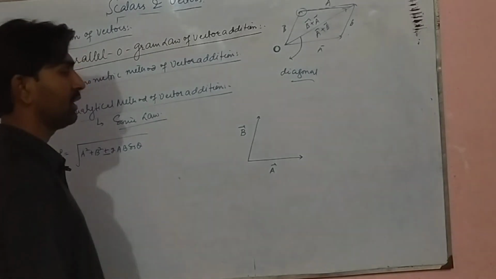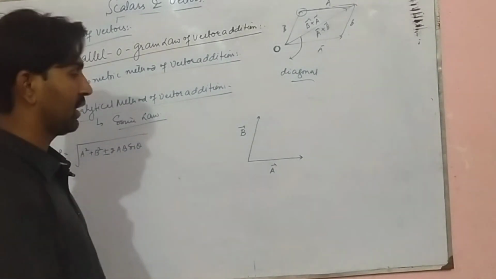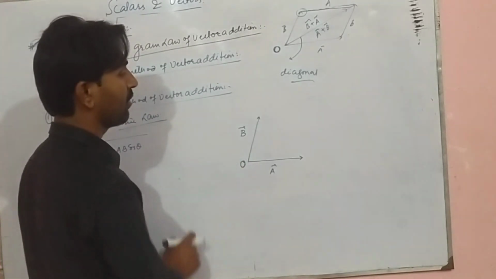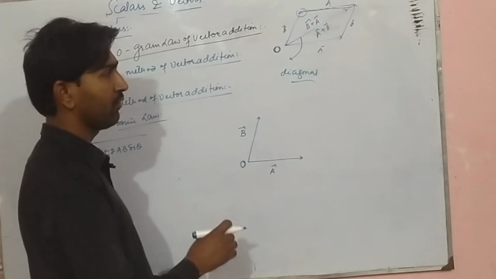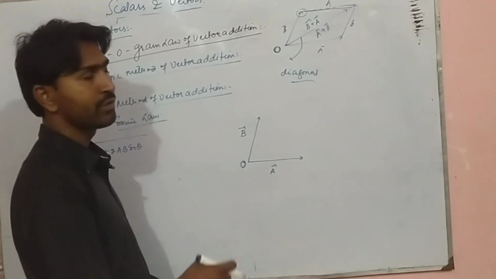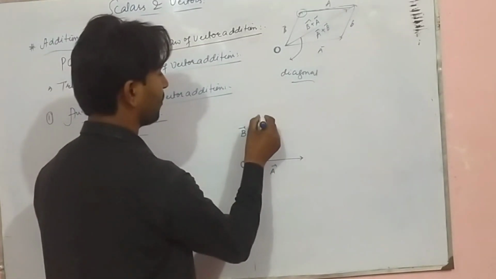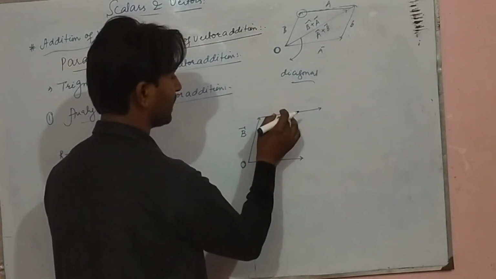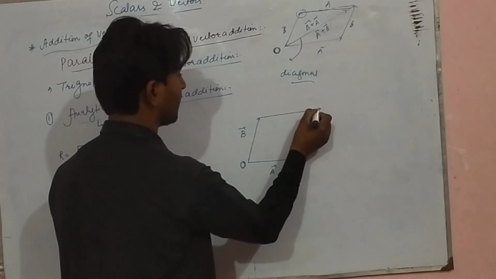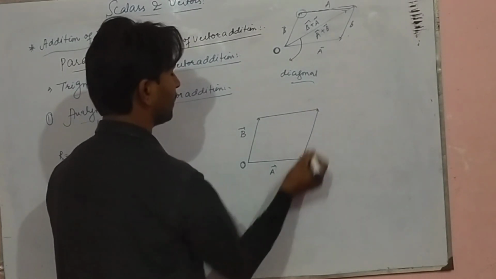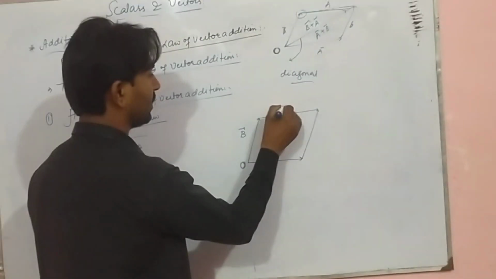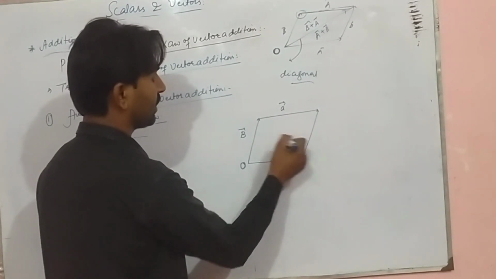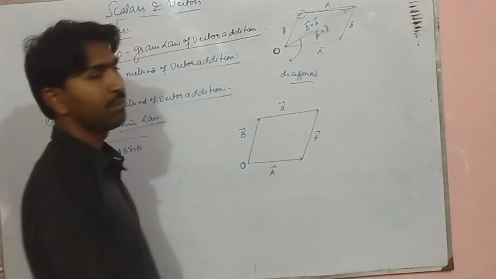We are given these two sides as two vectors and the origin is O. To find the resultant, we apply the basic rules of vector addition by completing this figure by making a parallel line to A. This is parallel to A and this is parallel to B. If this is the A vector, then this is also considered an A vector. This is the B vector, this is parallel to it, so this is also considered a B vector.